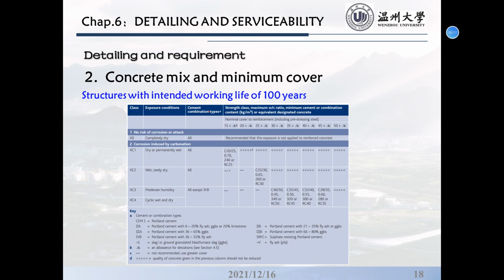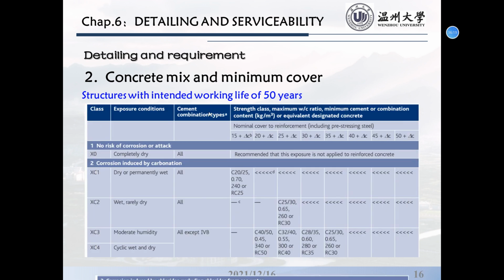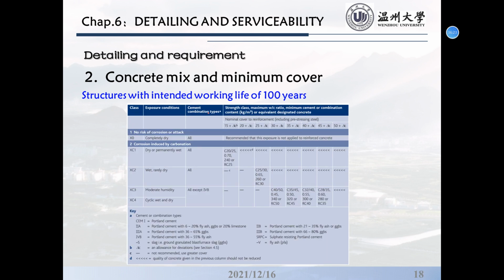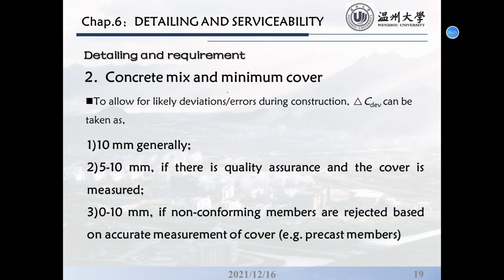Okay, this is about the durability cover, the minimum cover. And the other is deviations. Sometimes we just choose 10, because this is caused by the construction. Construction means the materials used, this is a wall, right?